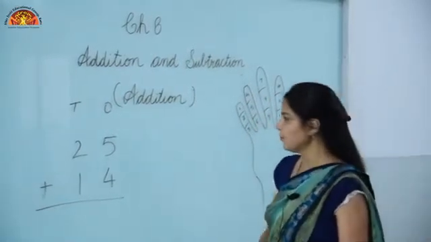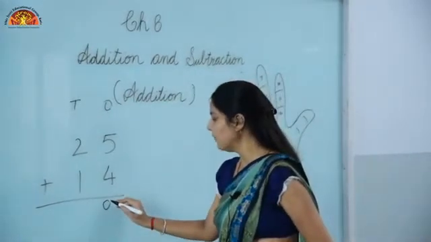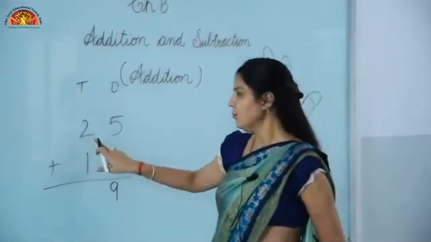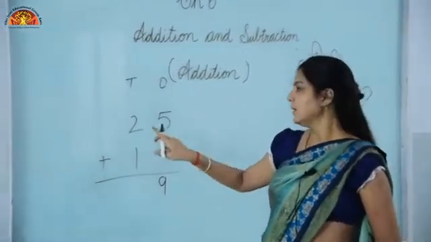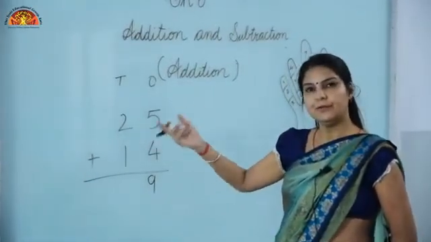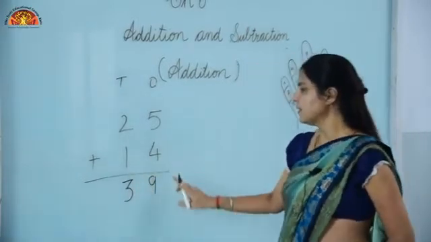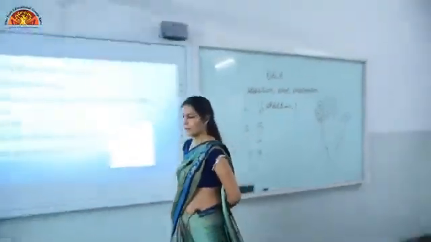So what is the total of 5 and 4? It is 9. And we can say the sum of these numbers is 9. And 2 plus 1, we will keep the bigger number in our mind. It is 2 and move forward 1. It will be 3. So the total of these numbers is 39 and the sum of these numbers is 39.